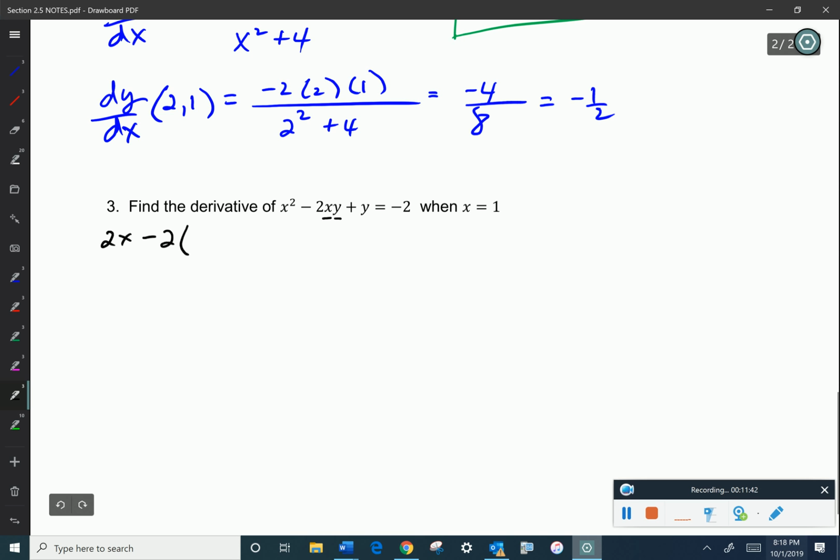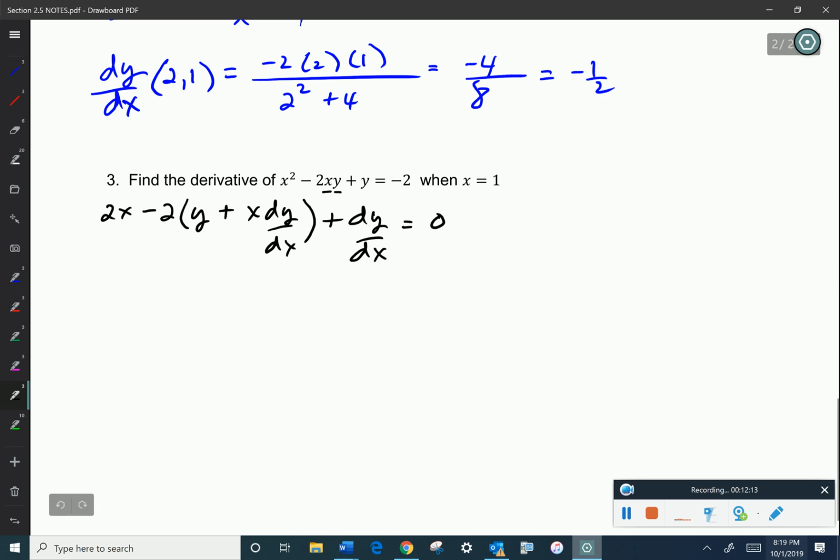I could have thought of the 2 going with the x and let 2x be the first, but I've already got the 2 down there, so I'll leave it alone. So, product rule, derivative of x is 1 times y plus the first, so x, derivative of y is dy dx, and then plus, derivative of y is dy dx, equals, derivative of negative 2 is 0.